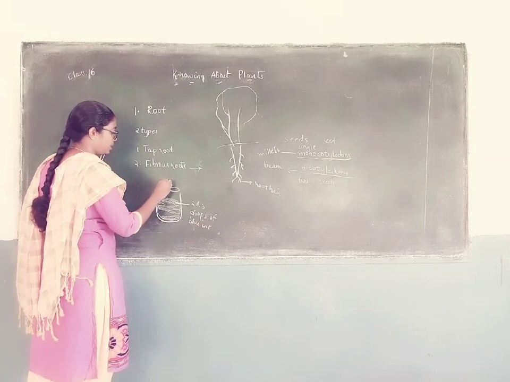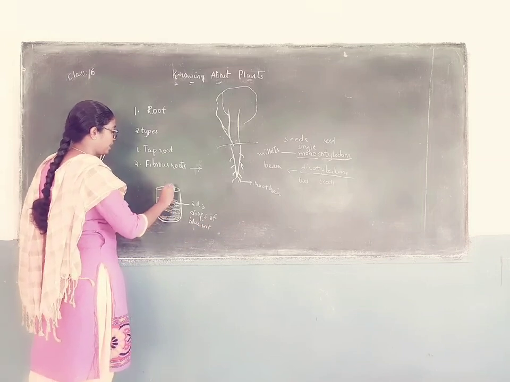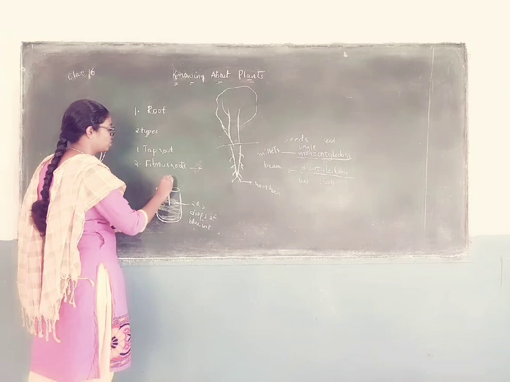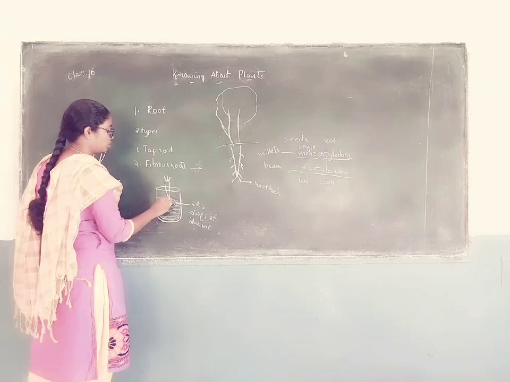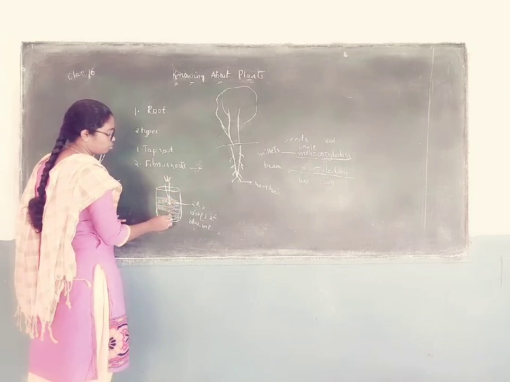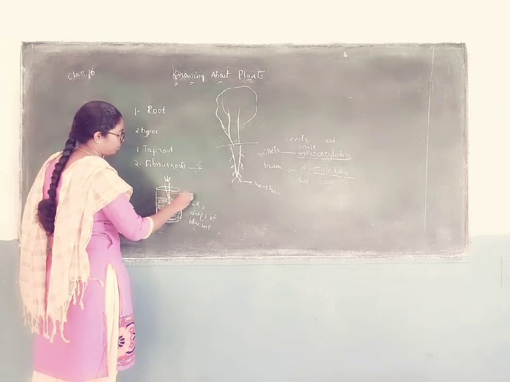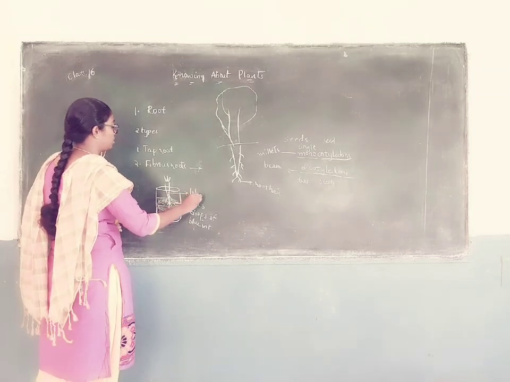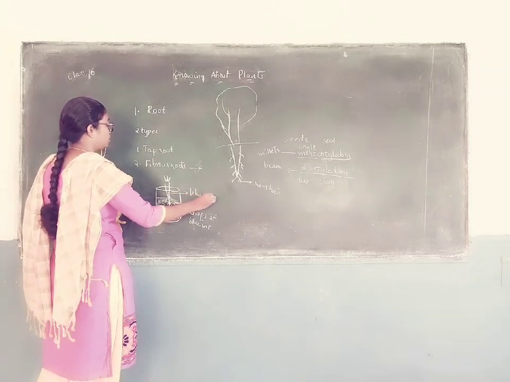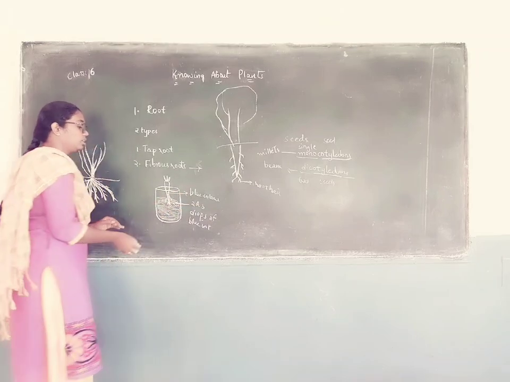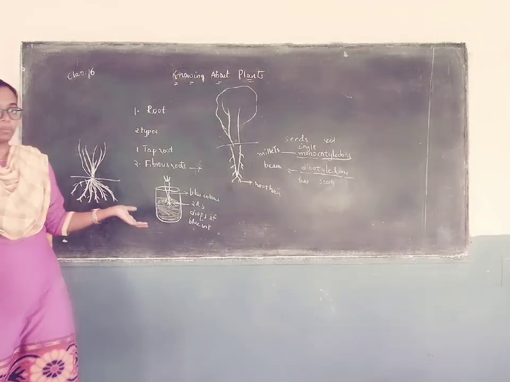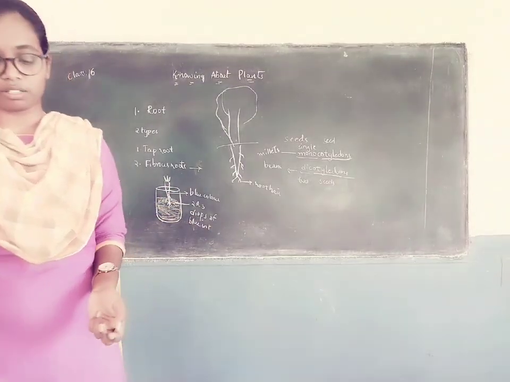He placed a carrot here. So these roots are taking this blue color water, and here the carrot appears in blue color. The blue color indicates the roots were absorbing the water from the glass. Okay.